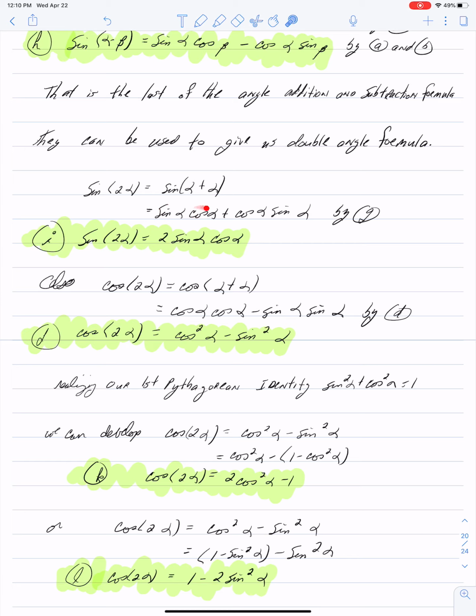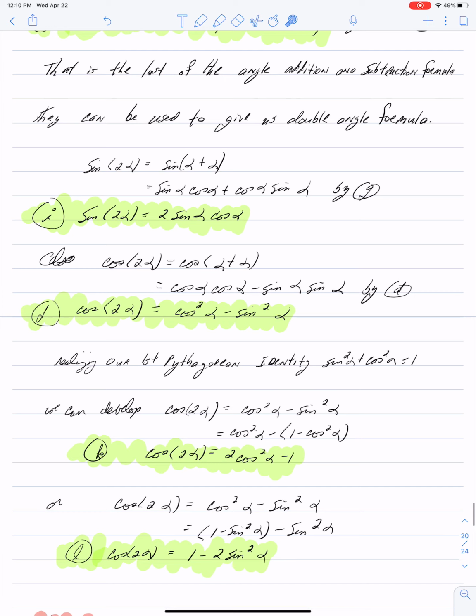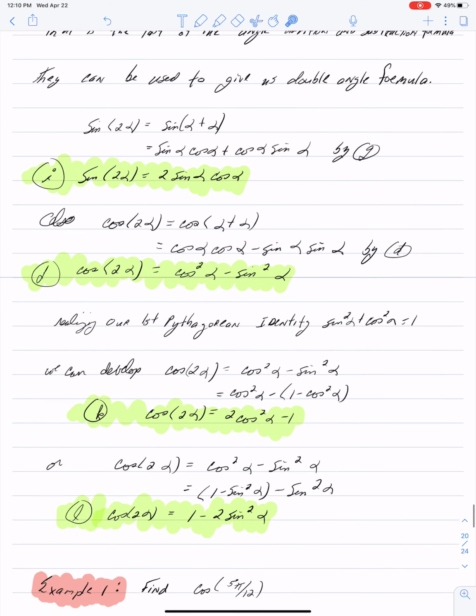Sine alpha, cosine alpha, add cosine alpha, sine alpha. But do you notice this is the same as that? So I get the double angle formula for the sine to be sine of 2 alpha is 2 sine alpha cosine alpha. Isn't that nice?